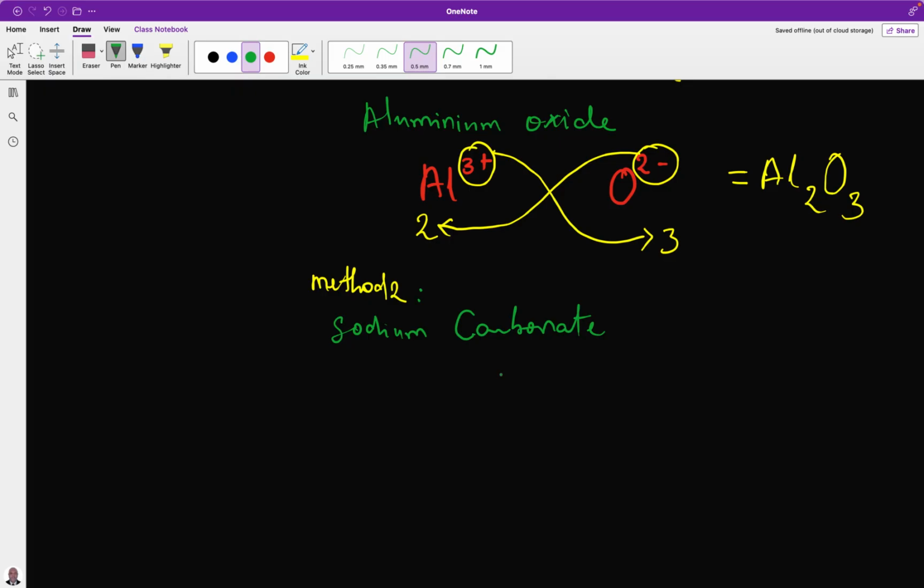Step number 1, you need to write the ions. We have sodium and the carbonate.